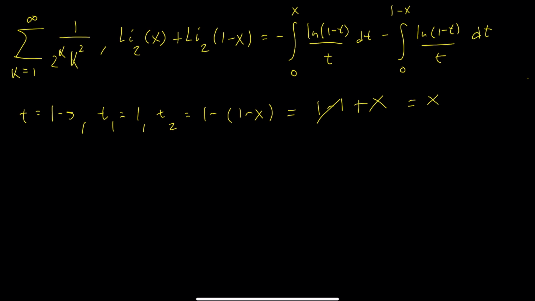And solving for t, we have t minus 1 is negative s, so that means that s equals 1 minus t, and dt equals negative ds.